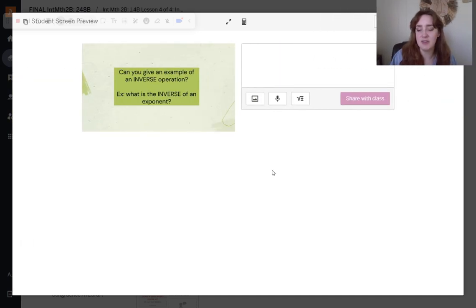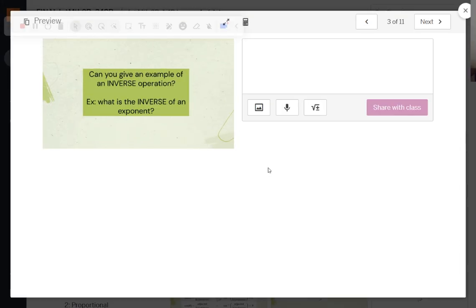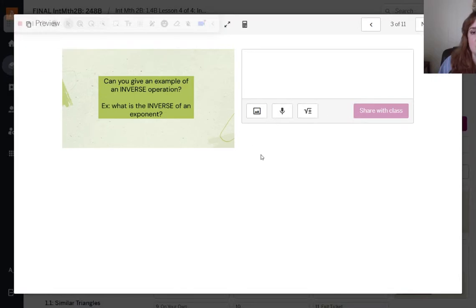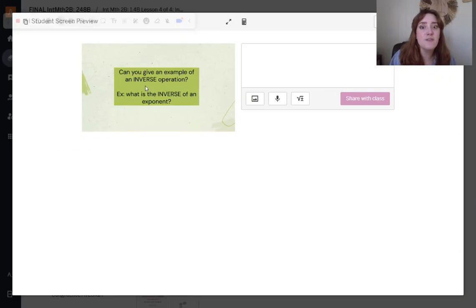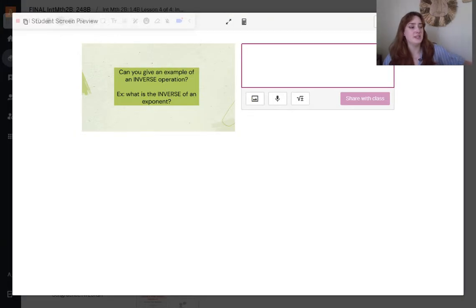Before we dive in as a class, I've got this problem here. Can you give an example of an inverse operation? For example, the inverse of an exponent. An inverse operation is how to cancel it out if we're looking at an equation. Inverse, does that ring a bell? This is a recording, so I don't know what you guys are saying.